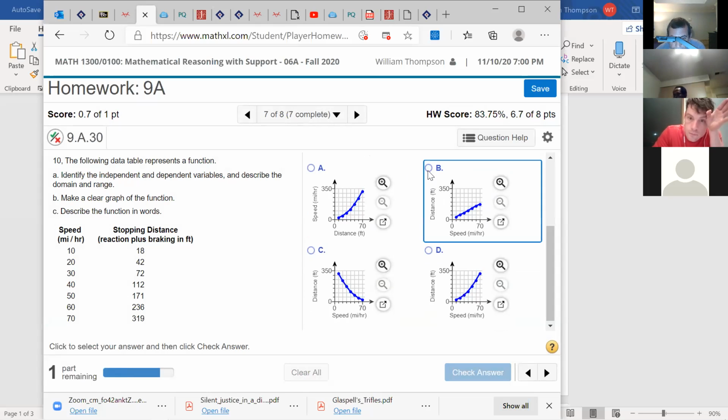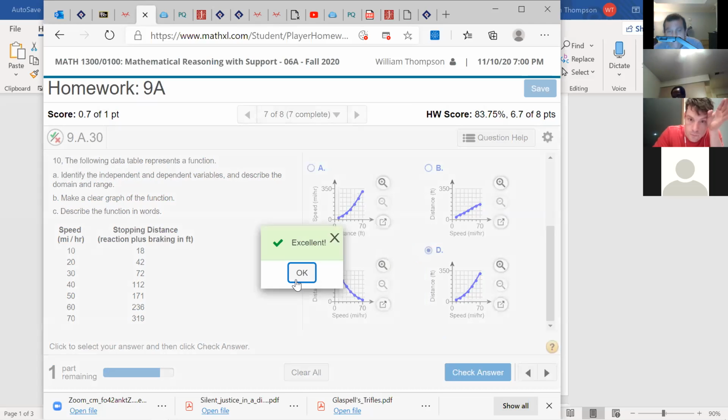So watch the bottom, because this one's backwards, right? It's got distance and speed. That one's constant, but notice you don't have the same gap in between each of these. There's like 24 distance here, 30 distance. So these are going up a lot higher. So look at this. Oh, you got it right there, D. That's it. I thought you had it wrong, no, you're good.